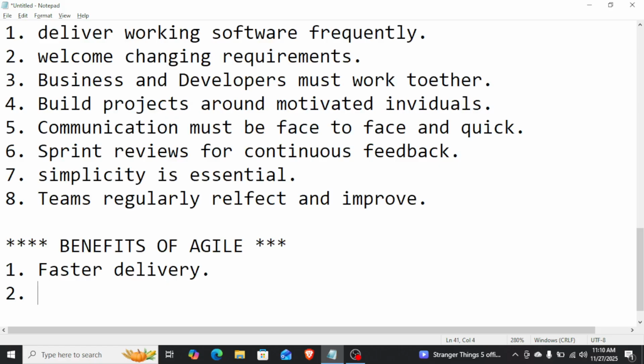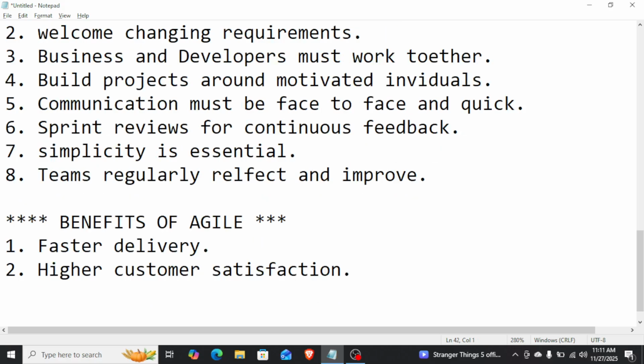Second one, higher customer satisfaction. Third one is better team communication.